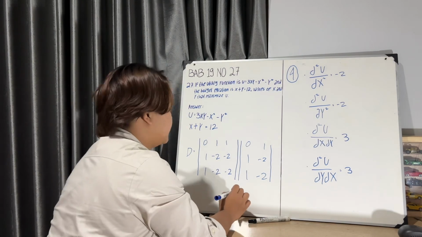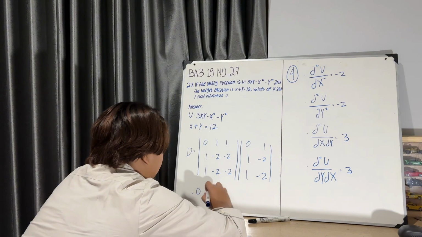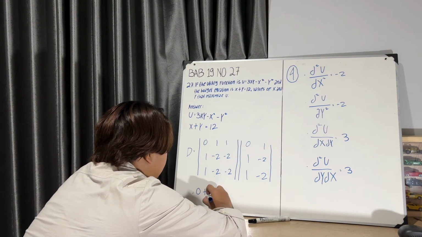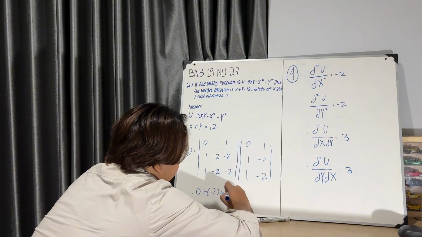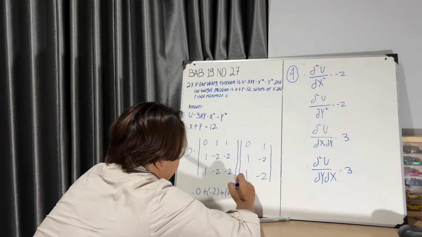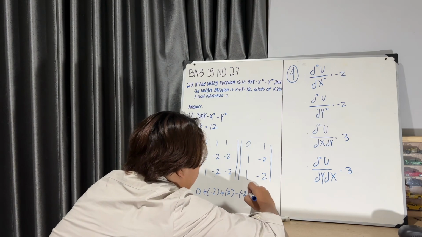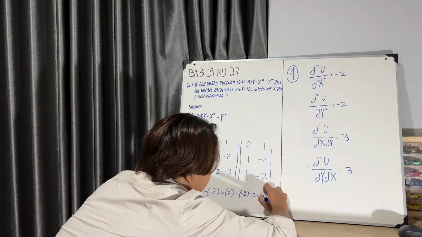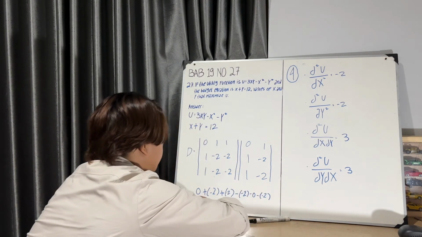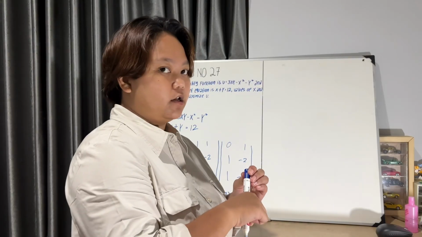Find the determinant. The final result is 0 plus minus 2 plus minus 2 minus 0 minus 2.